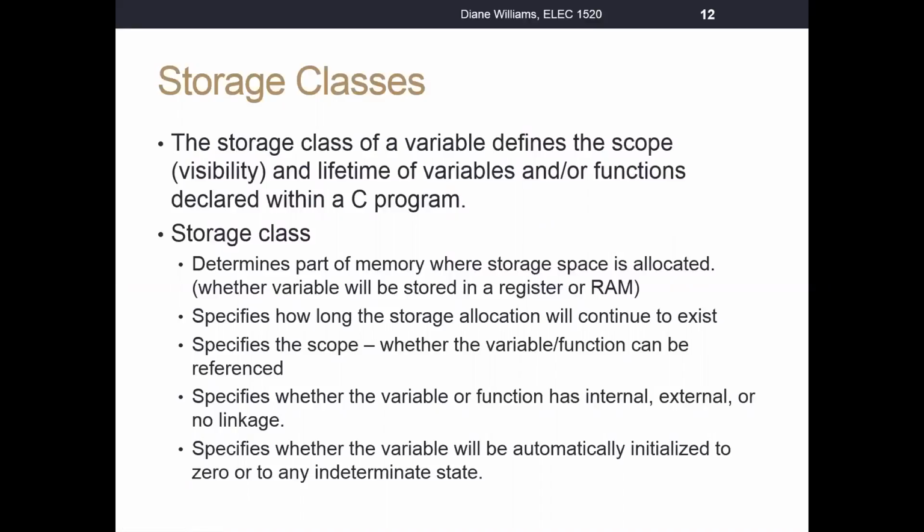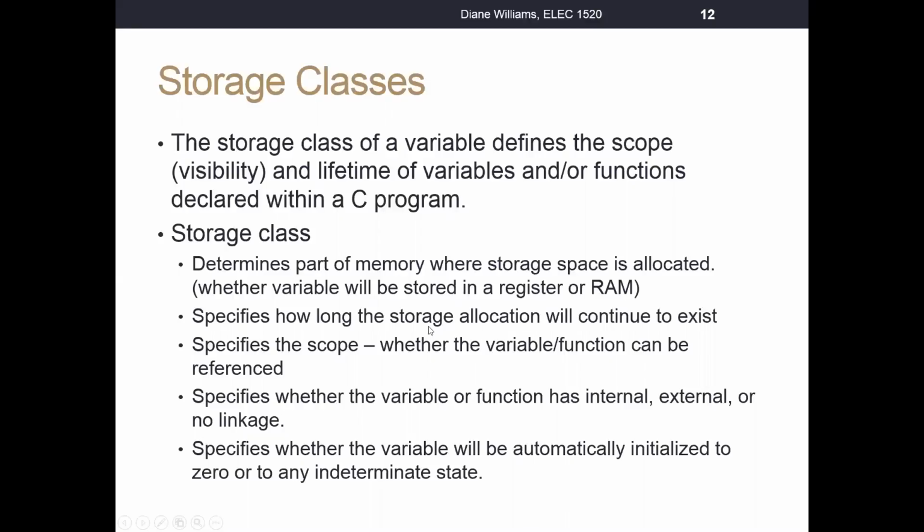The storage class determines what part of memory the storage is allocated in. Most of our memory is stored in main memory. Some people call that RAM. There are different levels of RAM or cache levels, different levels of main memory. If you want to think of that as RAM or main memory, that's where most things are stored. We'll see that it's possible to have a storage class that stores something in the CPU registers.